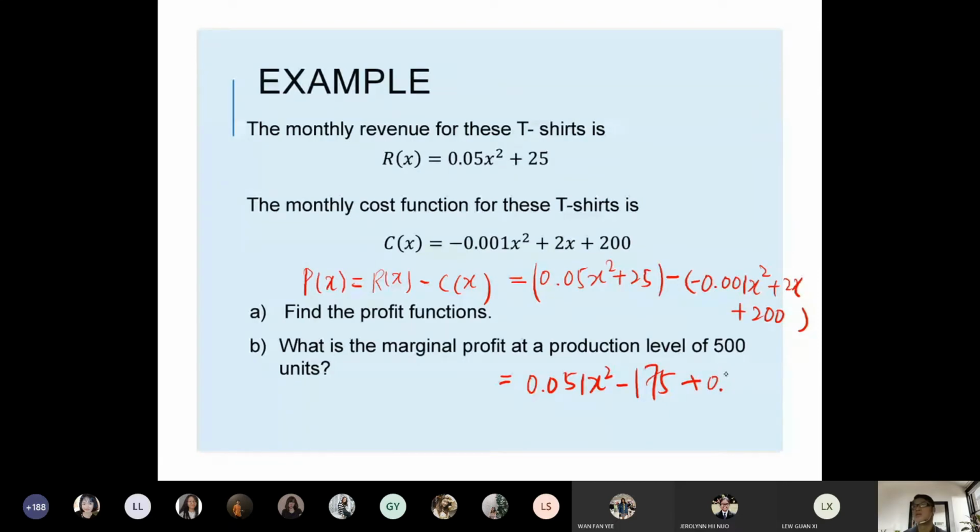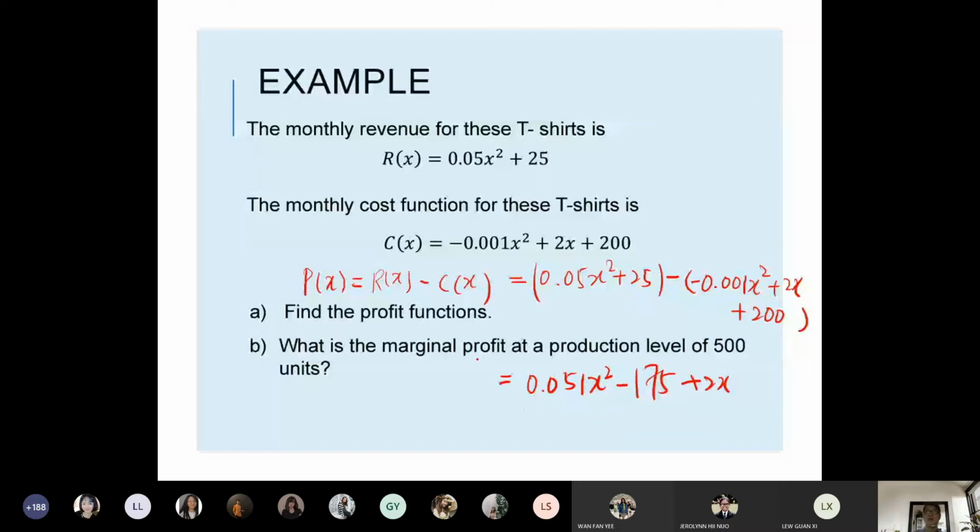Okay, plus 2x. Right, so this is the profit function.